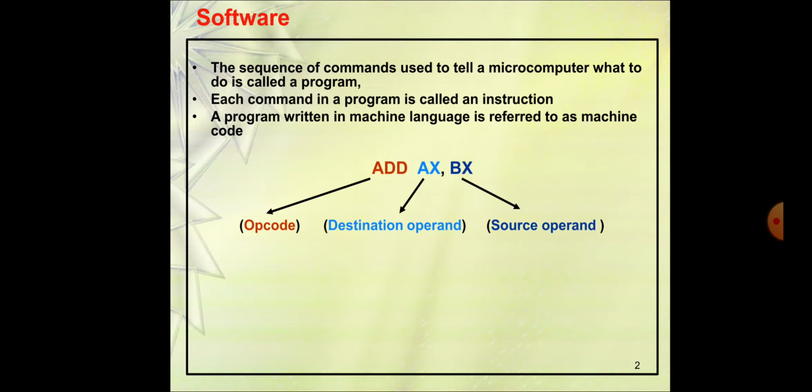A program written in machine language is referred to as machine code. I have given one example here: ADD AX, BX. ADD is called the opcode. AX is the destination operand and BX is the source operand. So this is how exactly an instruction can be written.